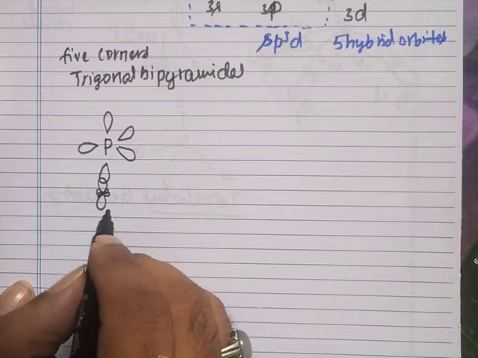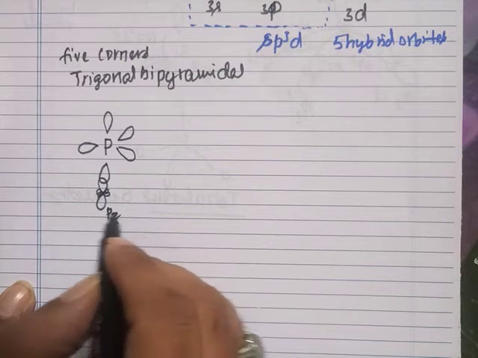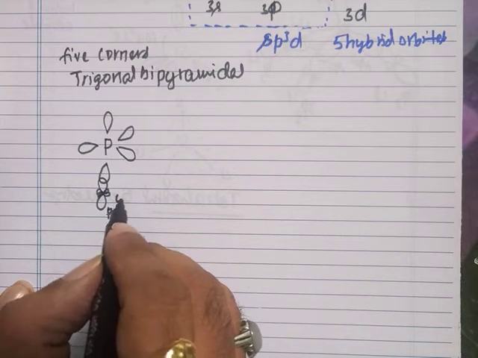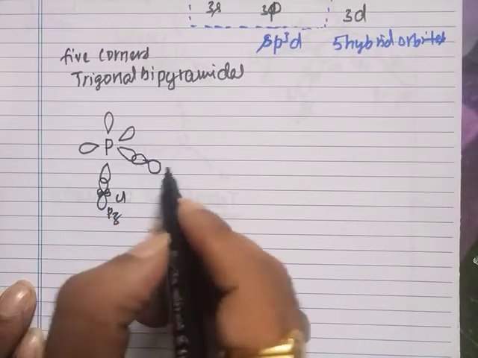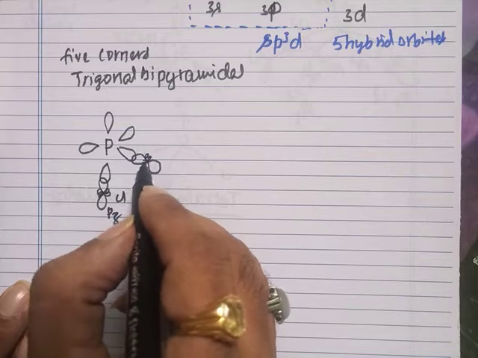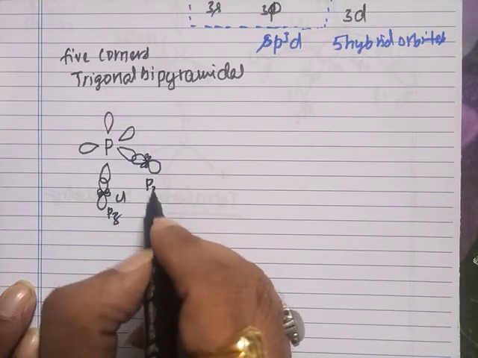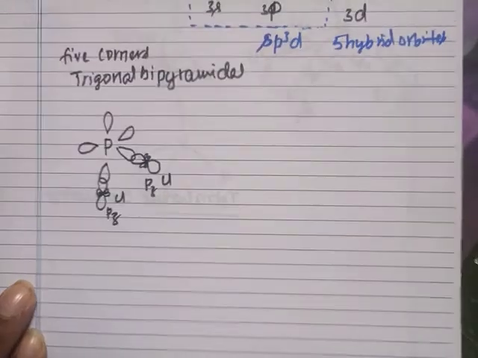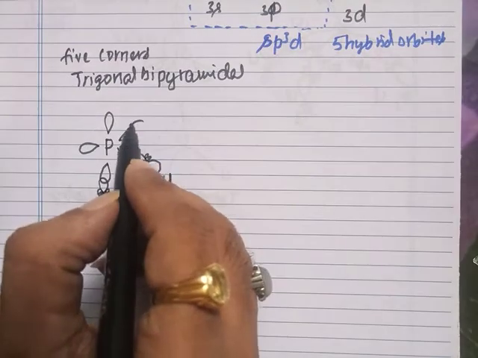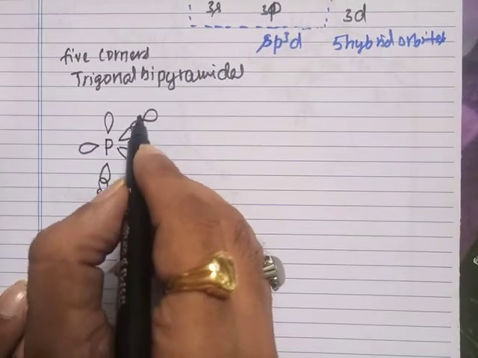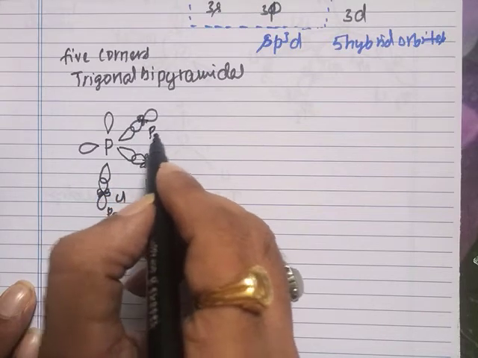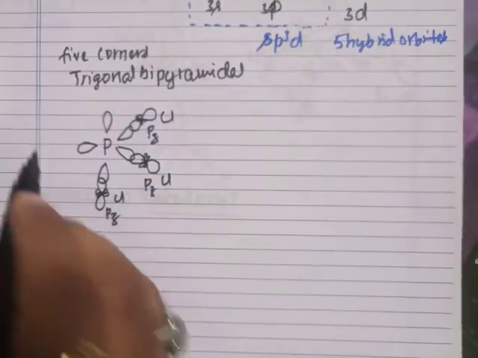So this is the pz orbital of the chlorine atom. This is one more pz orbital of the chlorine atom. This is another pz orbital of the chlorine atom.